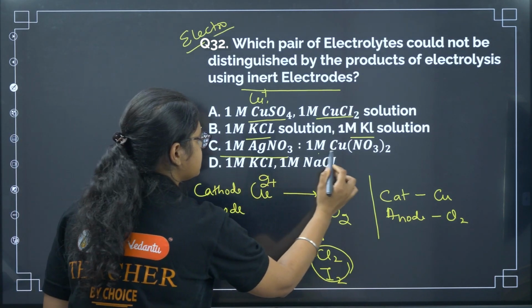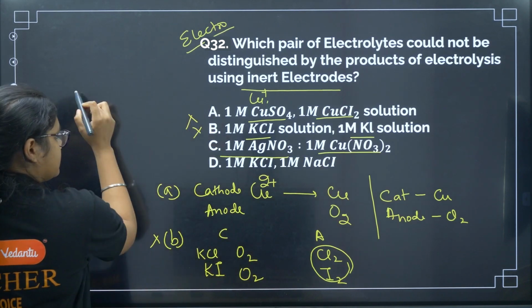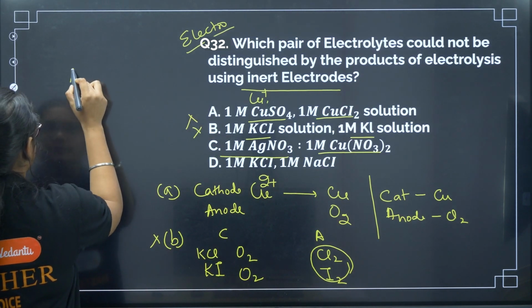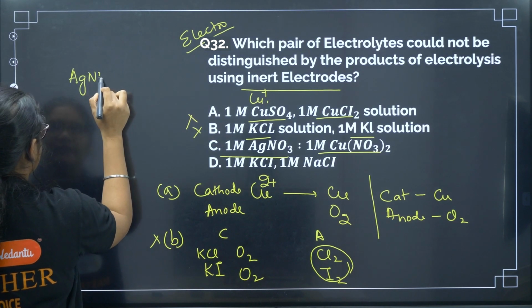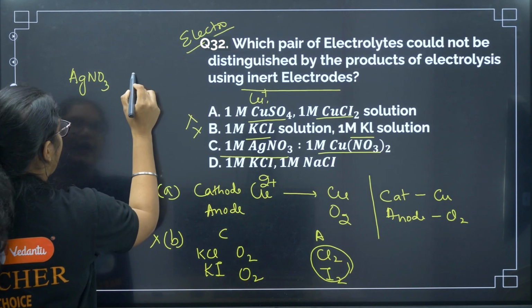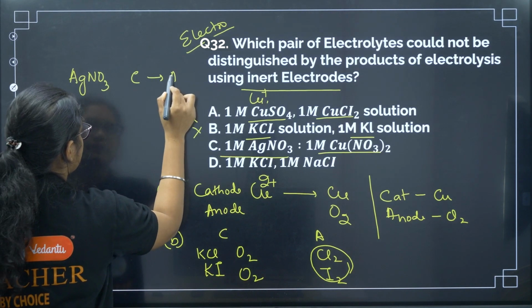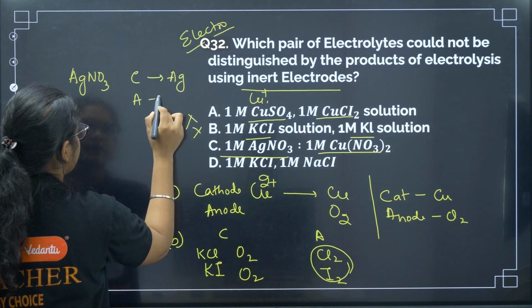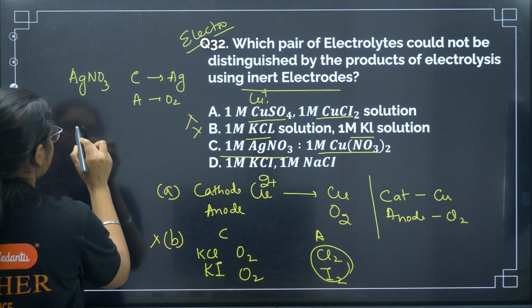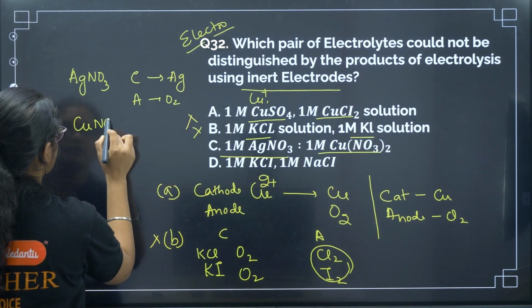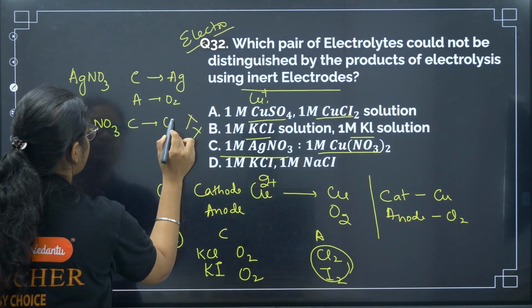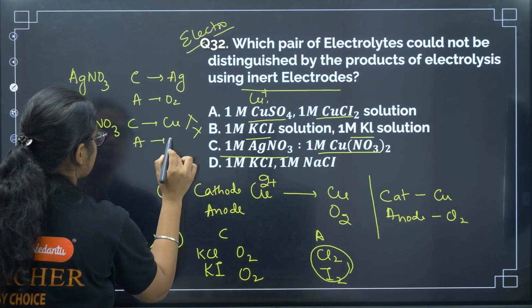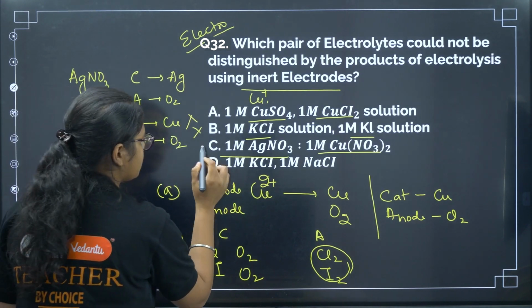Now for option number C, that is AgNO3. In AgNO3, what will happen? At the cathode we will get silver, and at the anode you will get oxygen. The same for copper nitrate, if you check: at the cathode you will get copper, and at the anode you will get oxygen. So this also cannot be the answer.